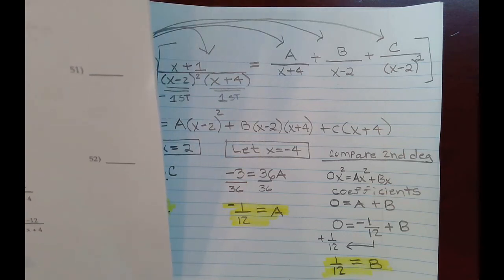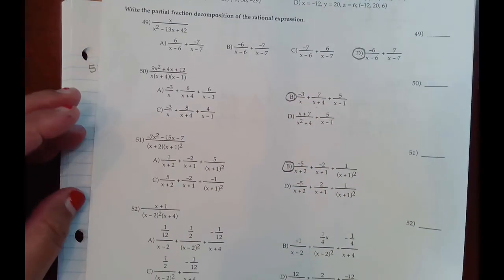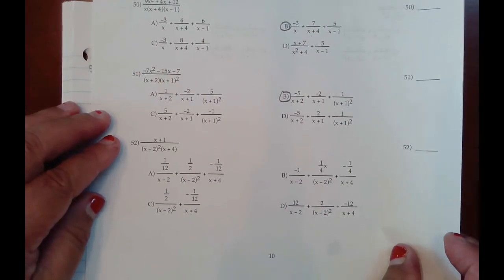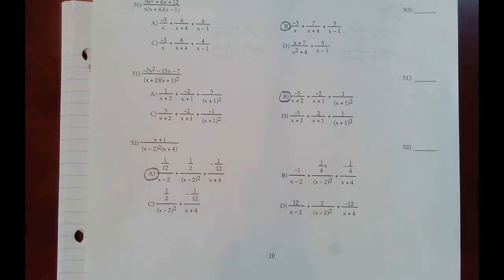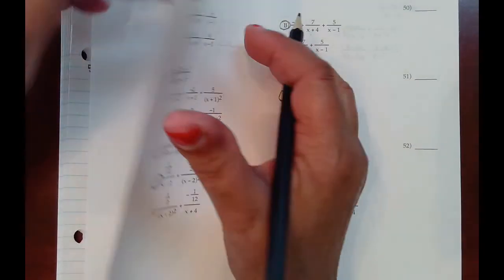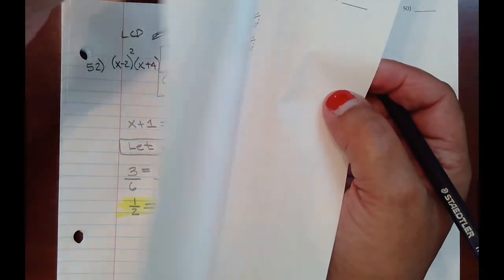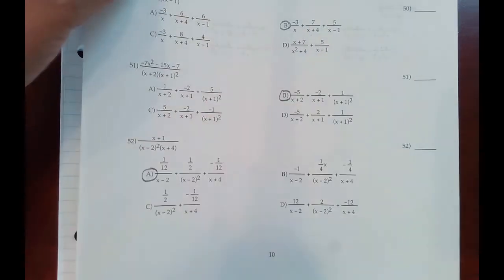And then a 1/2 gets assigned to the x minus 2 squared, and that would appear to be choice A, has everything properly situated. Let me just check that answer on the answer key. So this is number 52. We said it was A, and that's correct.